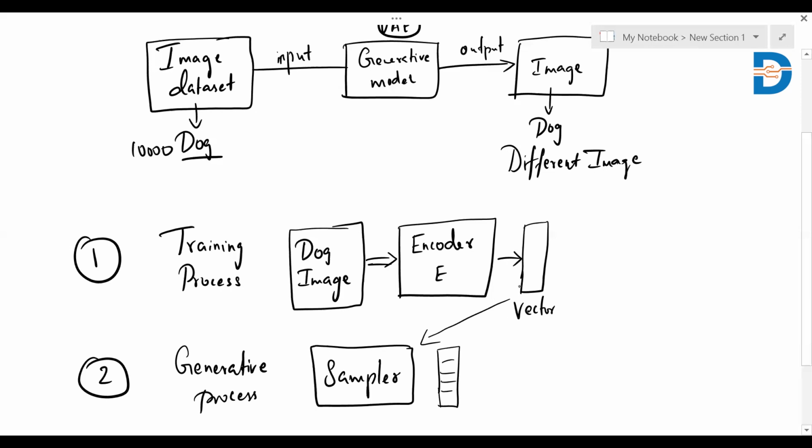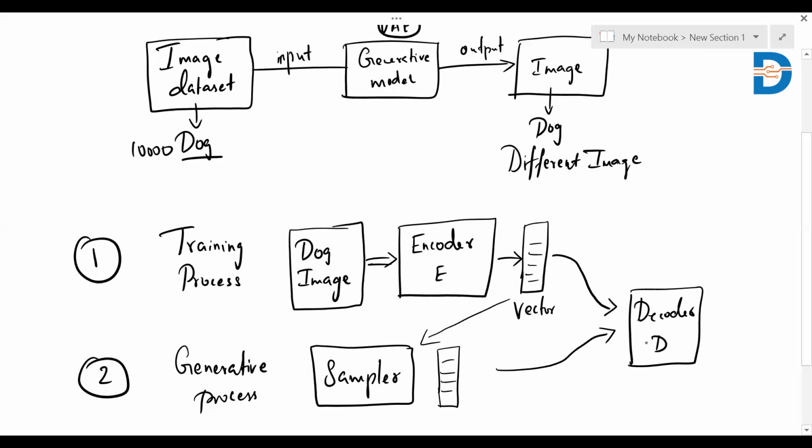After the vector is picked up, it will be given into a decoder. After completing the training process also, we go to the decoder. The decoder will reconstruct the image into an image format. We have a numerical vector format so far.